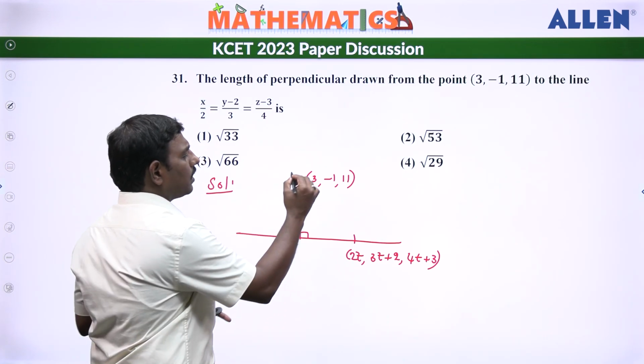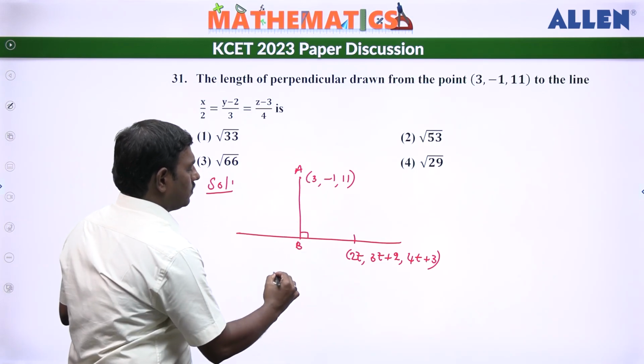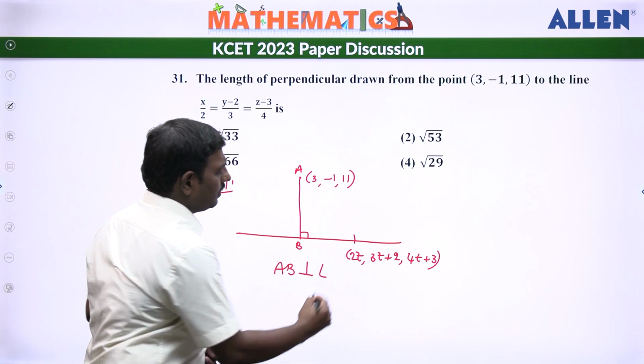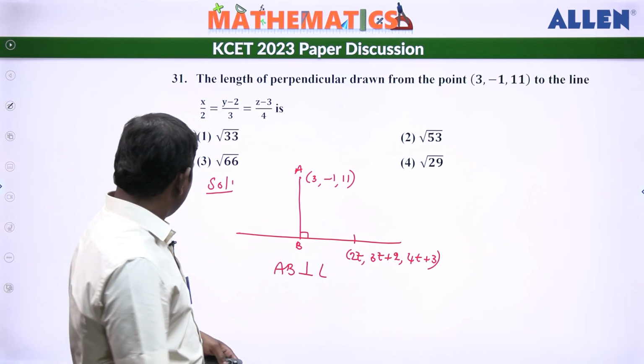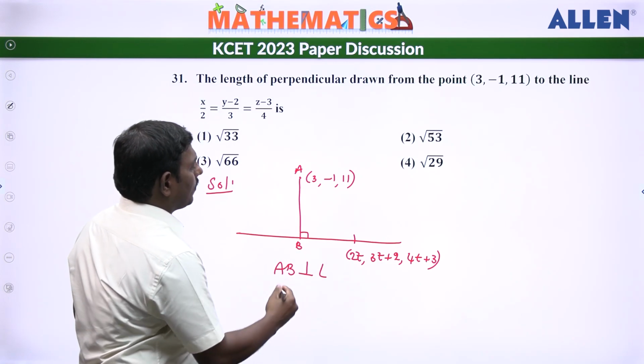Now what is the dot product of the DRs? Let this point be A and let me take this point as B. As we know, AB is perpendicular to the line L. So what are the DRs of AB?